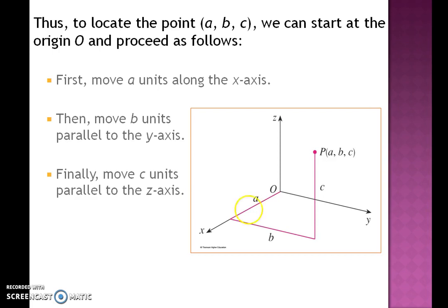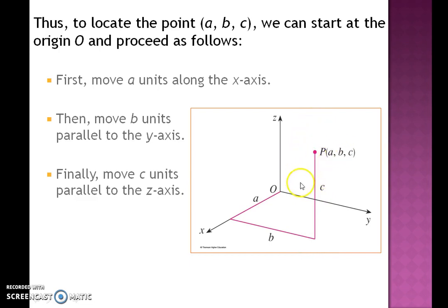To locate the point A, B, C, we can start at the origin O. First move A units along the x-axis, then move B units parallel to the y-axis and finally move C units parallel to the z-axis.